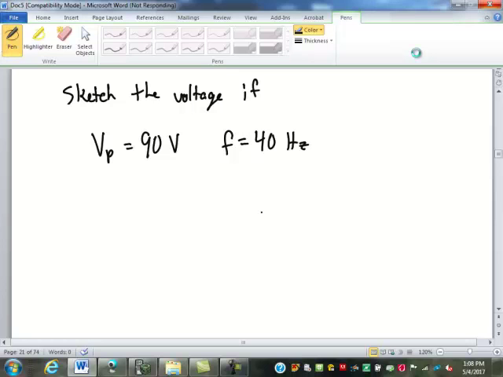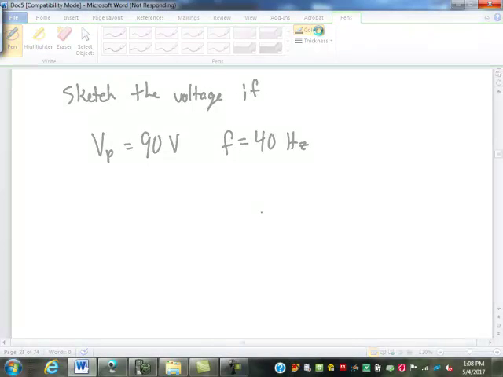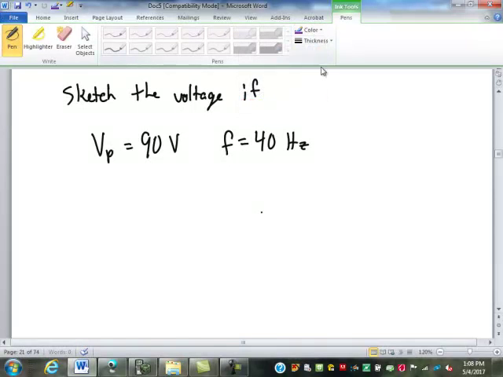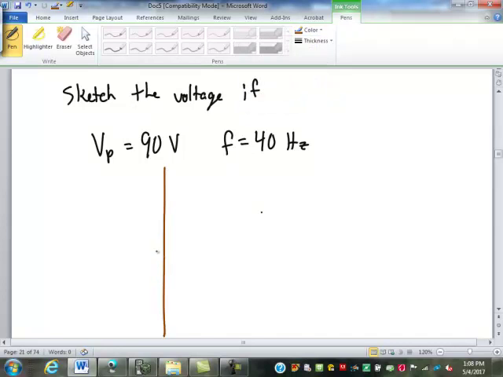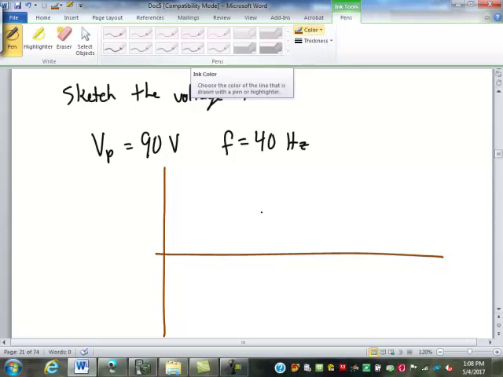So this sketch on my graph, what's my amplitude going to be at? Well, if it's a 90 volt peak, I'm going up to 90 volts. I'm down to a negative 90 volts.